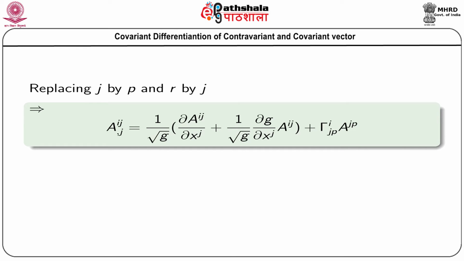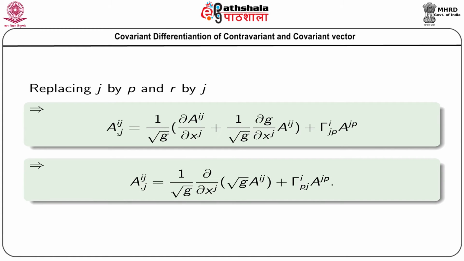Now, again replacing j by p and r by j as dummy indices, we get A i j comma j equals 1 by root g del A i j del x j plus 1 by root g del g del x j A i j plus gamma i j p A j p. And this can be expressed in this way: 1 by root g del del x j of root g A i j plus gamma i p j A j p.